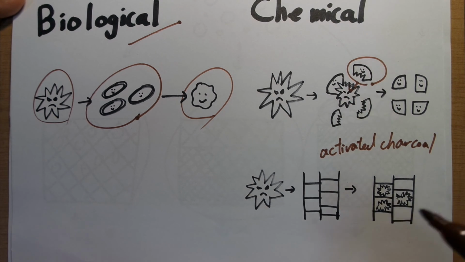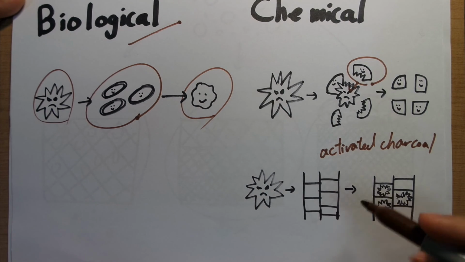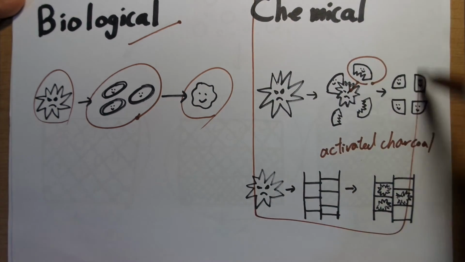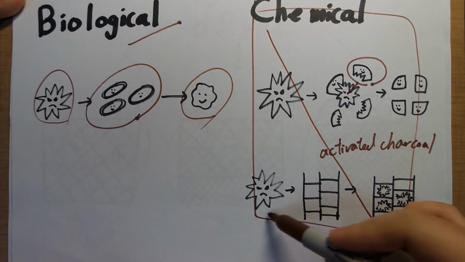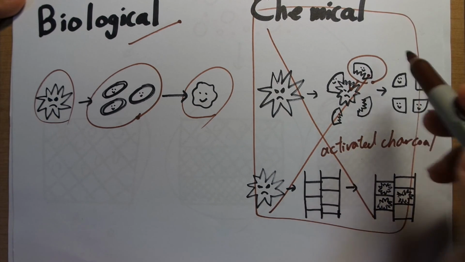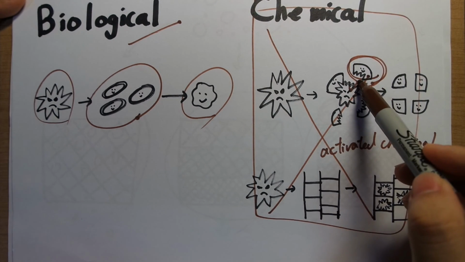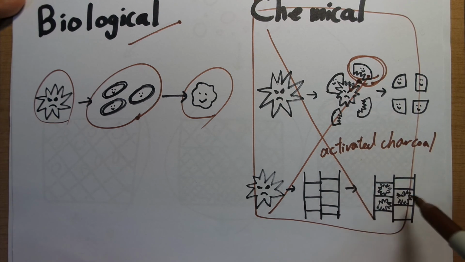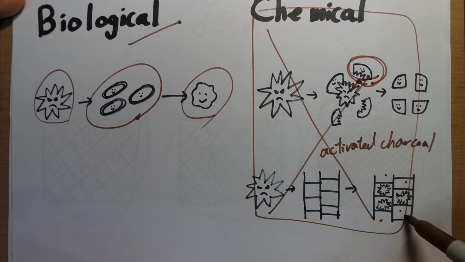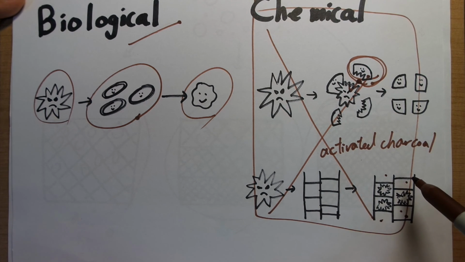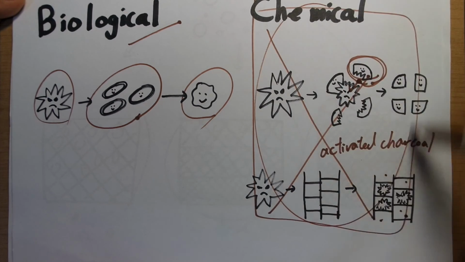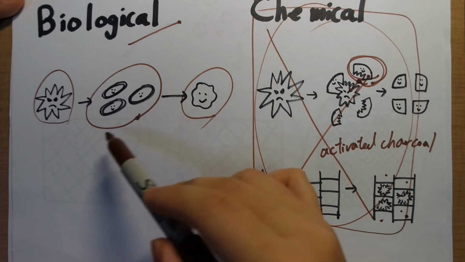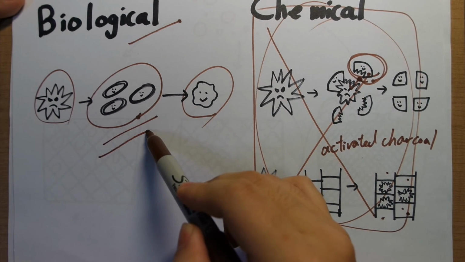Now, in terms of getting rid of dissolved toxins, this chemical aspect of things is not really relevant to the hobby, because as you can see, these chemicals you have to constantly add to make that chemical filtration happen, and this activated charcoal, eventually all these pores will get filled up, and then this charcoal isn't going to work anymore. So these are not a permanent solution, whereas biological filtration is.